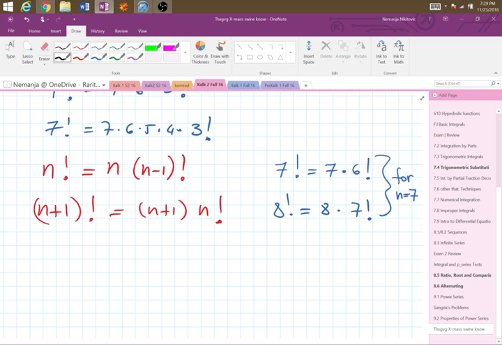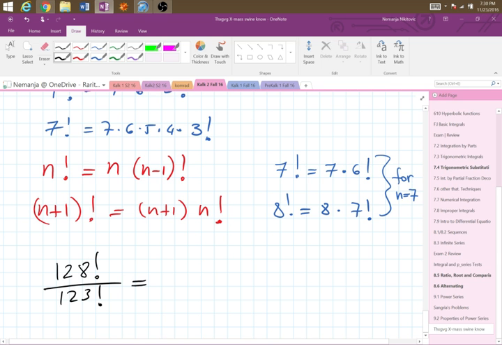So what do you do if you have to compute, let's say, 128 factorial divided by 123 factorial, when the calculator can't go past 68 factorial? The calculator won't do this.